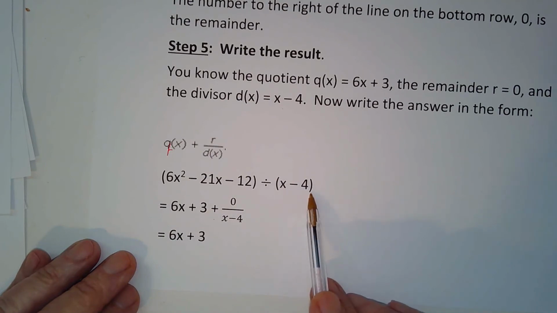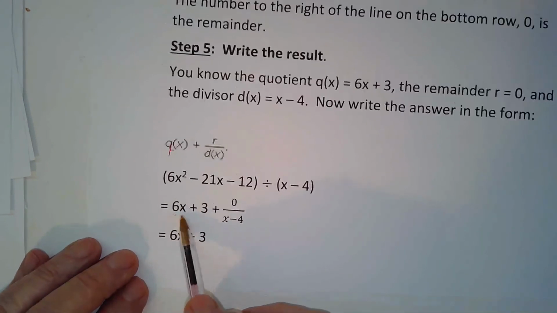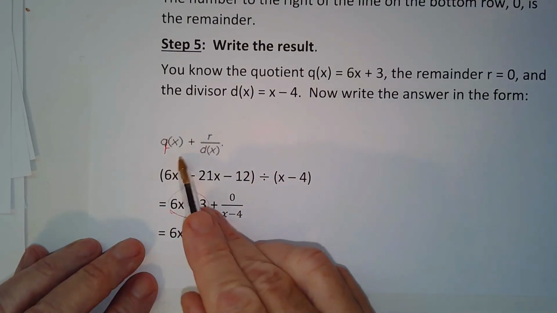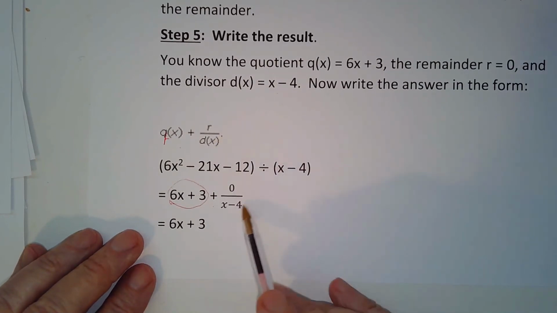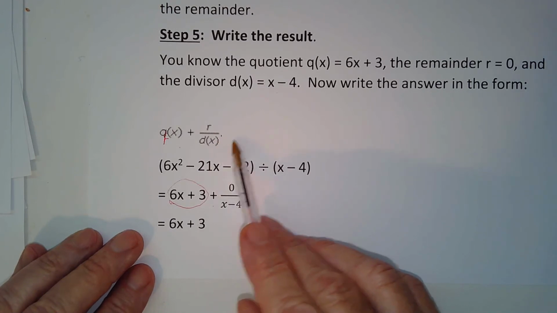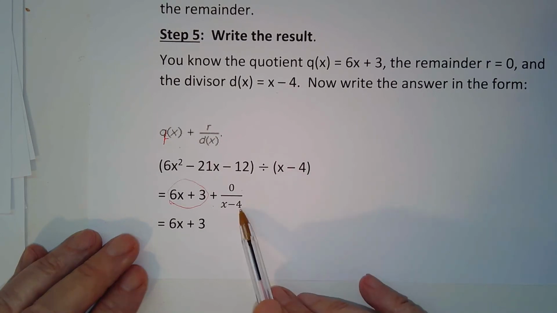Here is the divisor. Here is the quotient, so that's q of x right here. And then this is the remainder of 0, which is divided by the divisor, x minus 4. That's what we divided by.